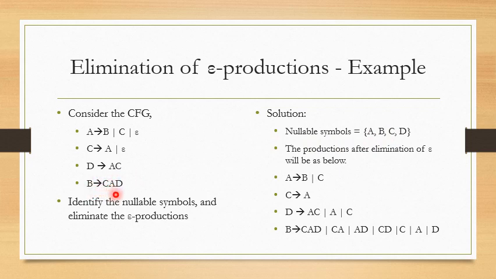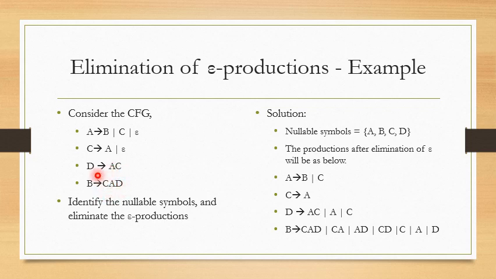B determines CAD. We know that A and C are nullable. What about D? D determines AC. If I substitute epsilon instead of A and epsilon instead of C also, then I will get D determines epsilon. So through substitutions also I am getting epsilon. Therefore D is also nullable. So when I substitute, we know A and C are nullable directly.